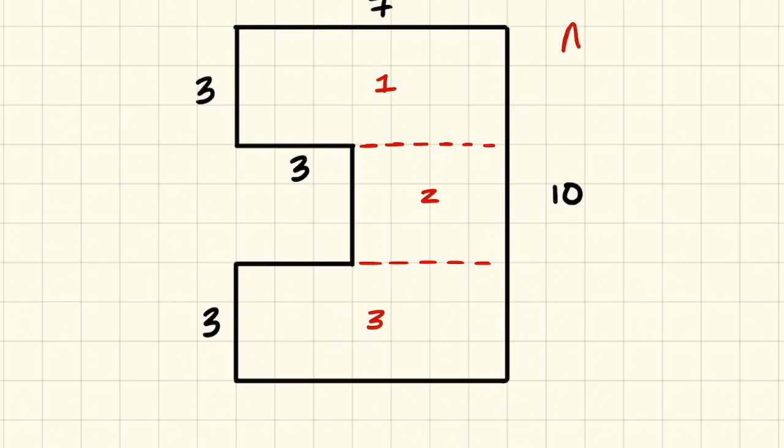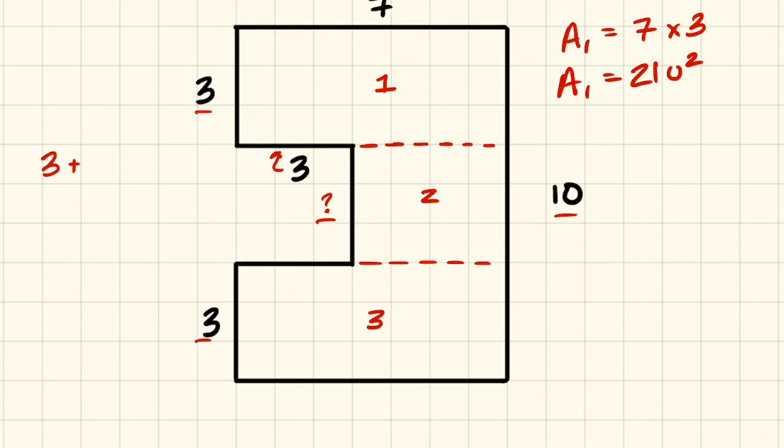But when I look at the area of box 1, I'm seeing a 7 times 3. Area of box 1 is 21 units squared. When I look at box 2 now, we've got missing information because this 3 here is talking about that side. I don't know this. So I can come over here and say, well, this and this have to equal 10.